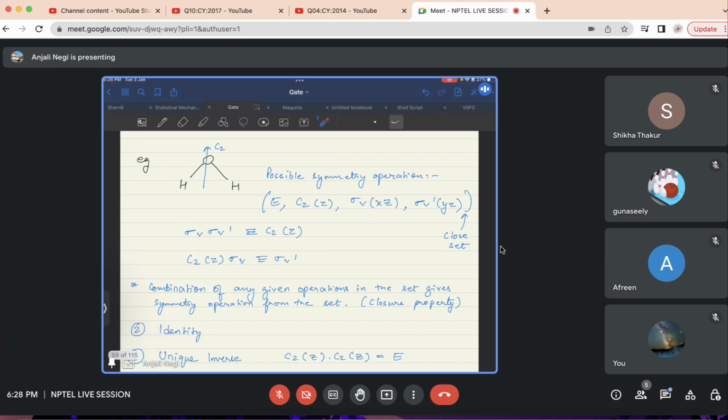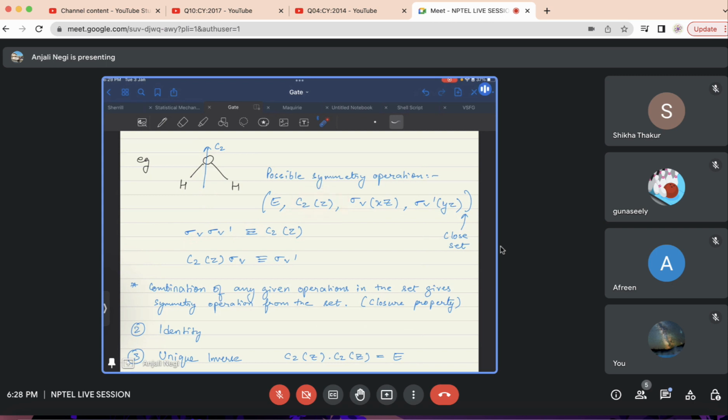In closure property, you can simply take any two, any three, any four, any number of operations together, and apply them on the same molecule, from the set that you have created. If I take for example sigma V and sigma V prime and apply these operations to this molecule, it will be equivalent to any one of the symmetry operations that belong to that particular set, correct?